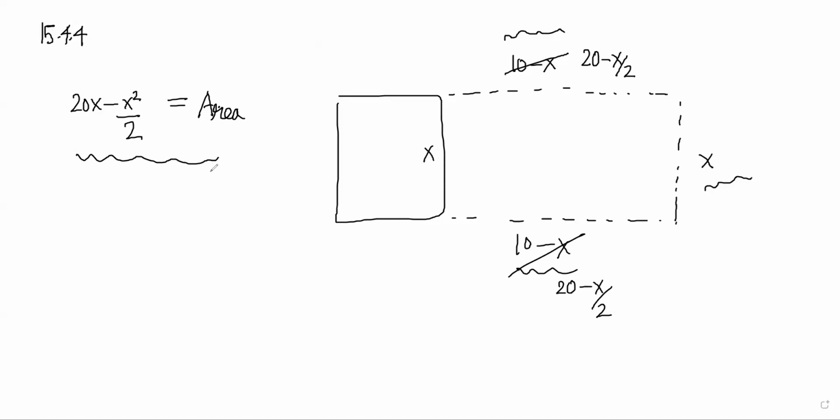Wait, shouldn't it be 10x minus x squared over 2? Why should it be 10x minus x squared? Because that 20 minus x is the entire thing divided by 2, not just the x squared. So is it 10 minus x over 2?